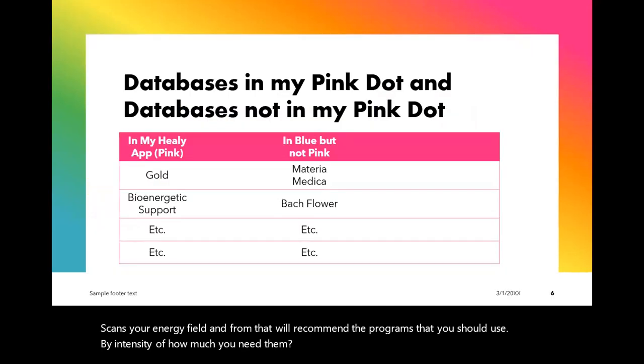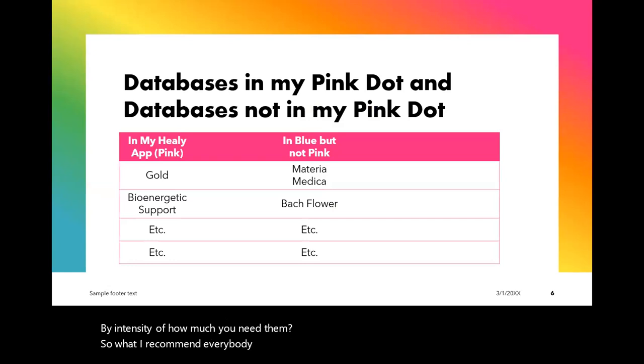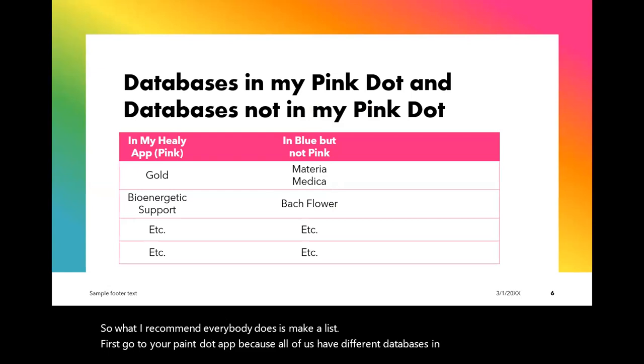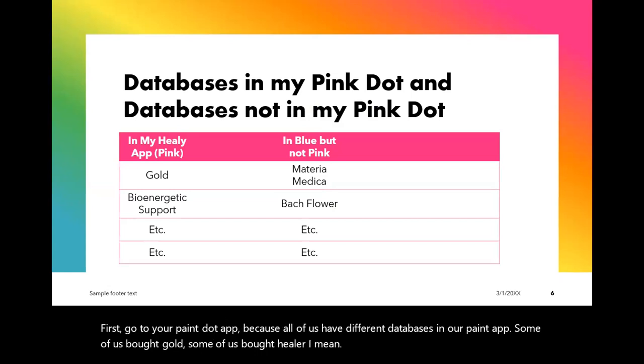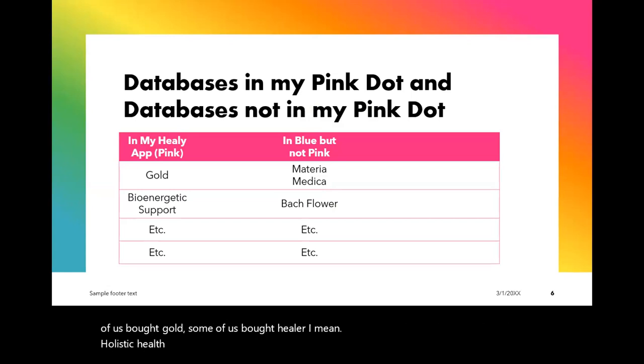So what I recommend everybody does is make a list. First, go to your Pink Dot app, because all of us have different databases in our Pink Dot app. Some of us bought Gold, some of us bought Holistic Health. Some of us bought Holistic Health Plus, some Resonance.